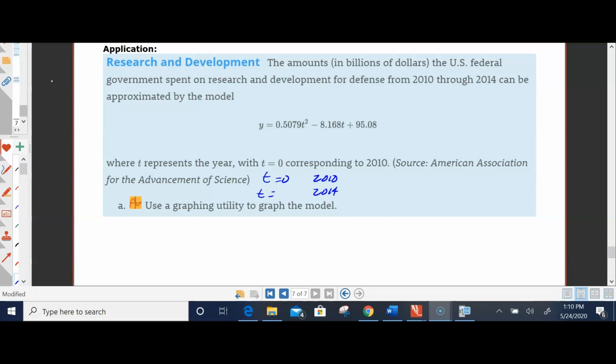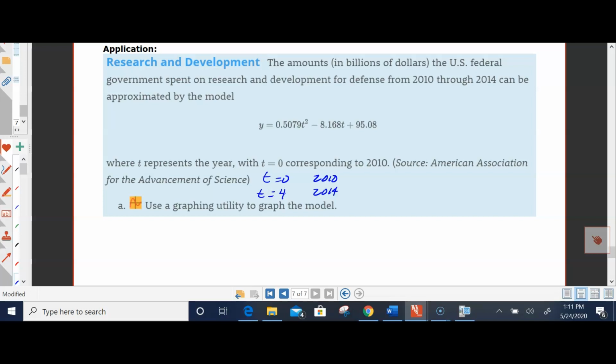In this model, t represents the year, with t equals 0 corresponding to 2010. And we want to look at this from 2010 to 2014. So if t equals 0 represents 2010, what would be the value for t to represent 2014? 4 years later, so t equal to 4.